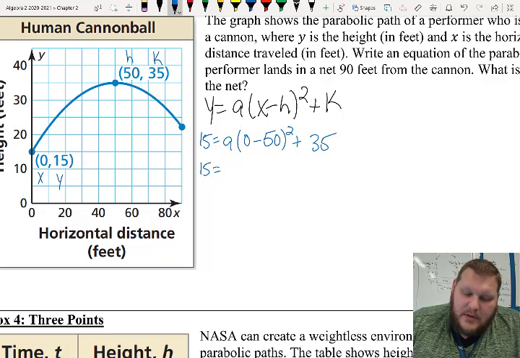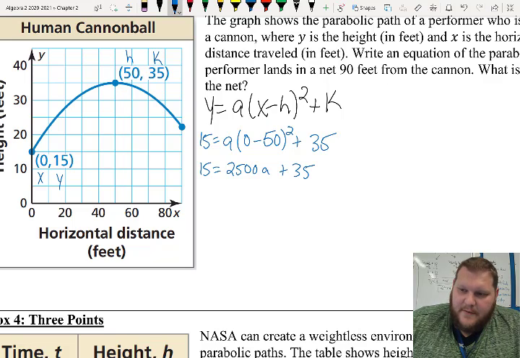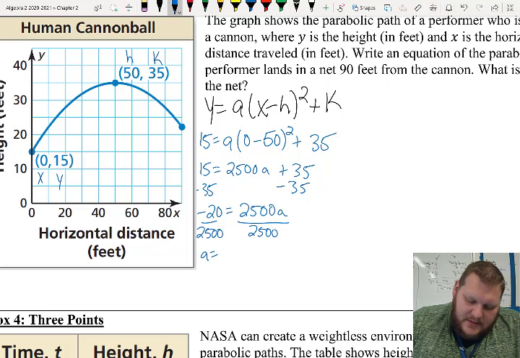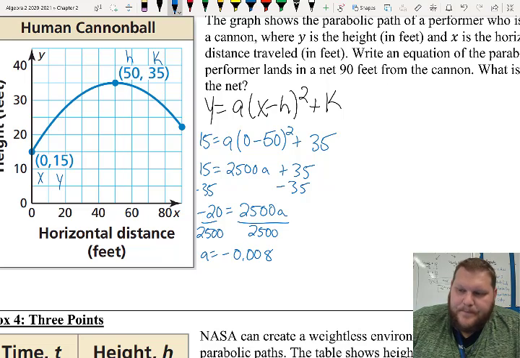15 equals negative 50 squared is 2500a plus 35. So then minus 35 is negative 20 equals 2500a. I divide by 2500 on both sides, and I get that a is negative 0.008.